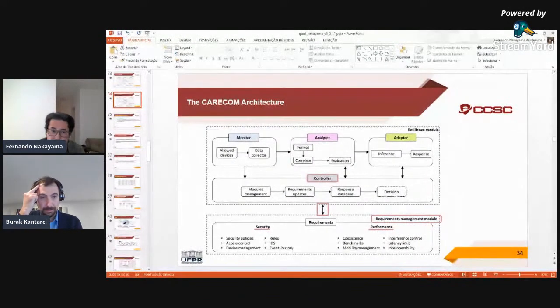Because when I really started to research to perform the additional works that would contribute to the CareCon architecture, I understand that the interference control between the existing communication technologies is very, very complex, and there is no silver bullet.